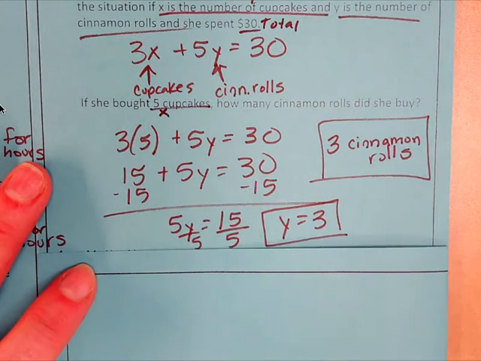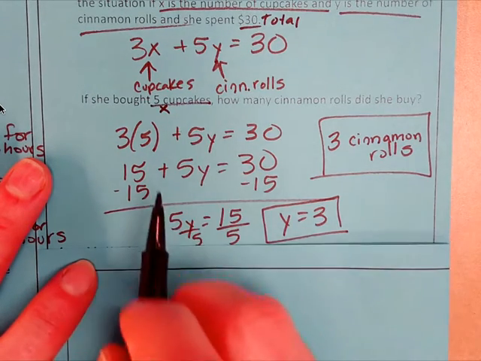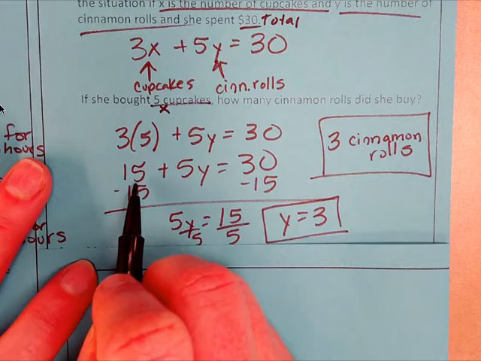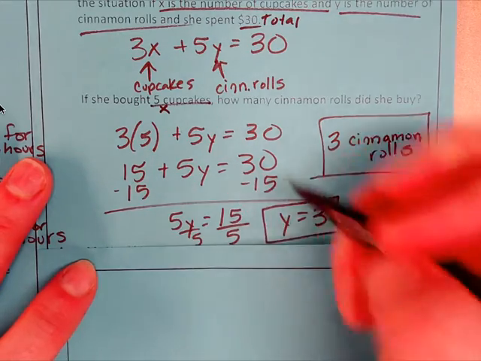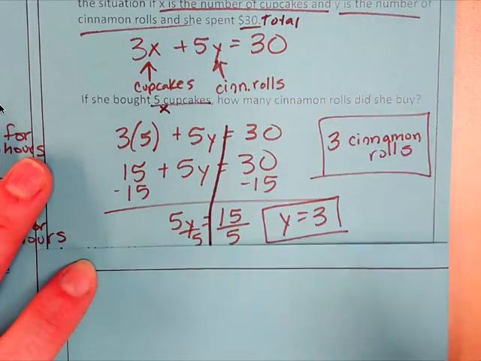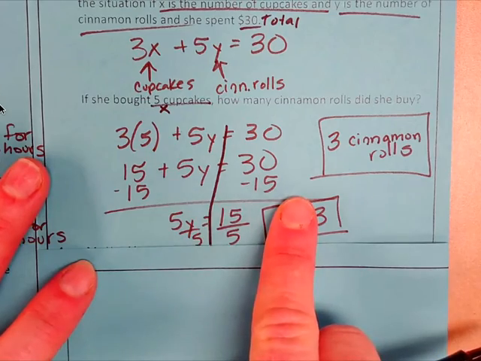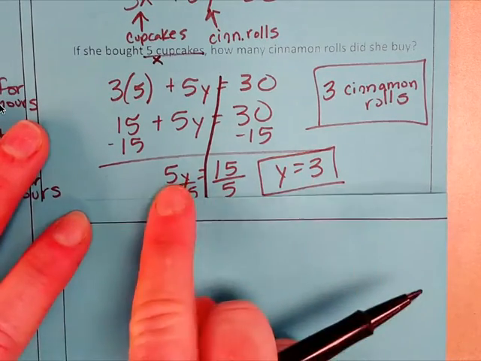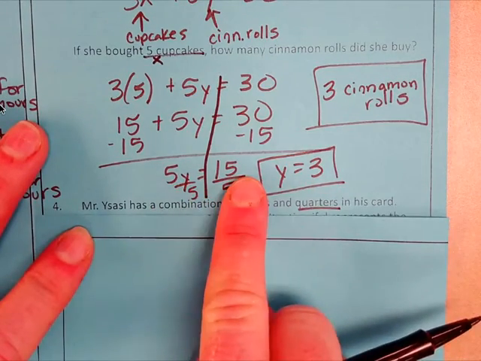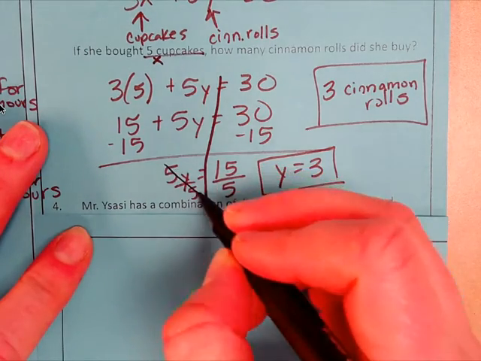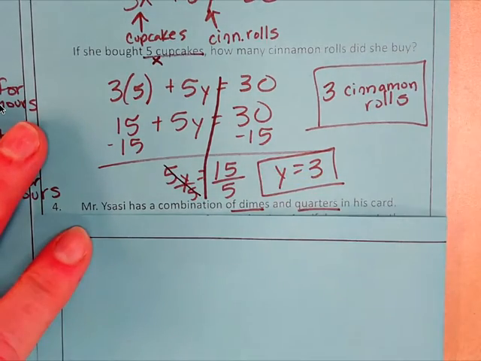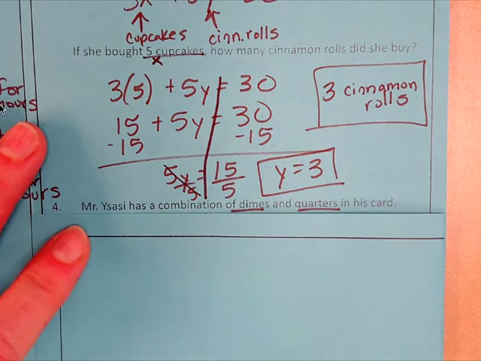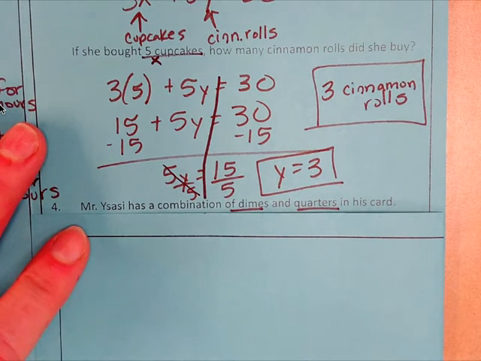Just make sure you're also showing some kind of work here. So whenever you solve it out, we know 3 times 5 is 15 plus the 5y equals 30. We'd subtract 15 on both sides. Then we get 5y equals 15. Then we would divide by 5, and y is 3. And cinnamon rolls is 3.